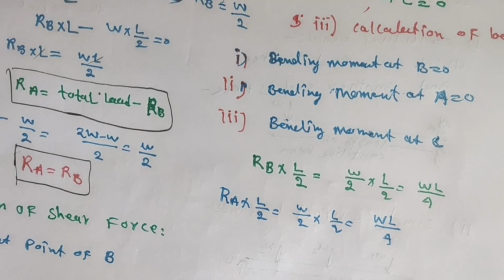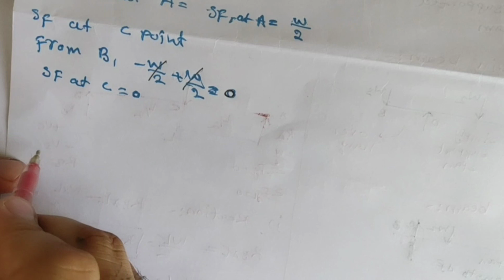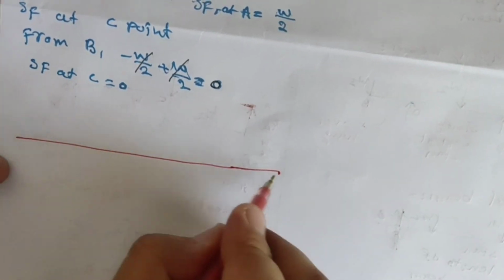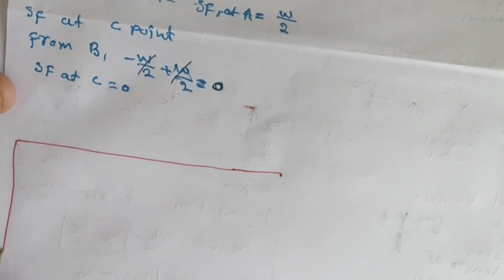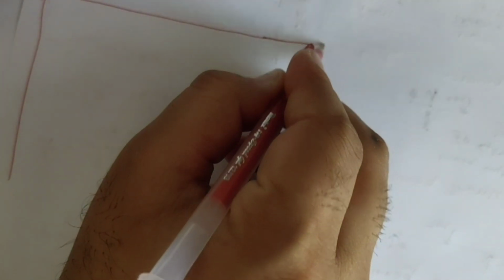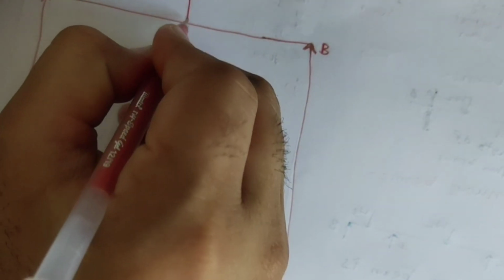Now we will draw the shear force and bending moment diagram. Look at here, dear friends. We will draw the moment here. This is the simply supported beam, simply supported at A and B, but the load W is acting at the center point.